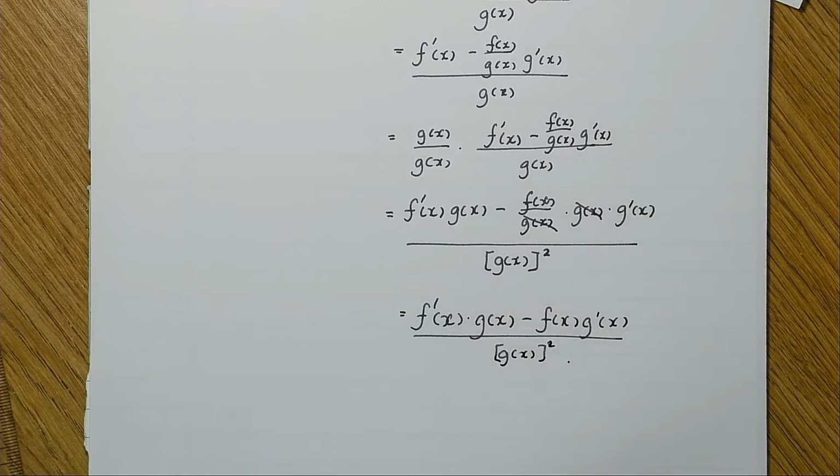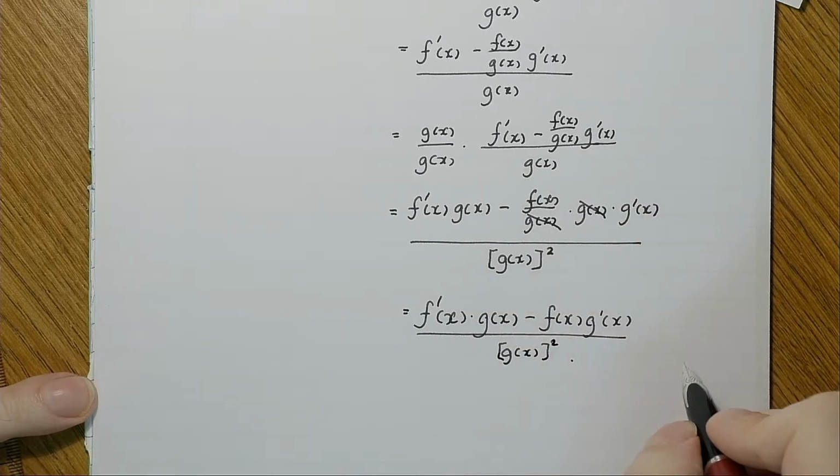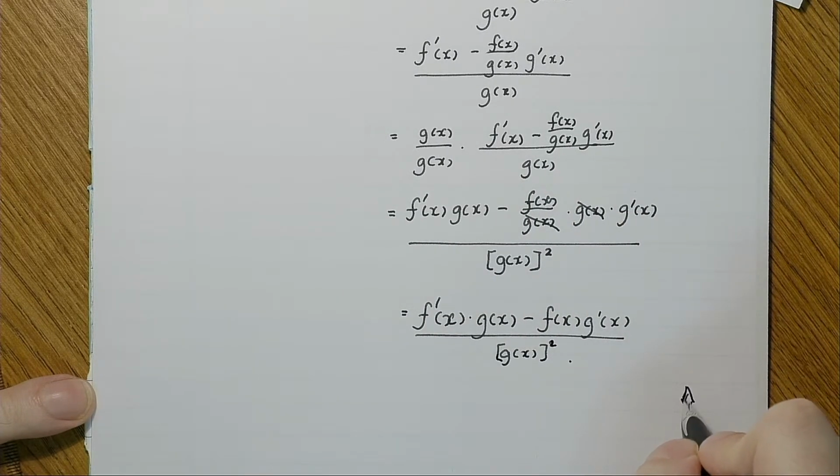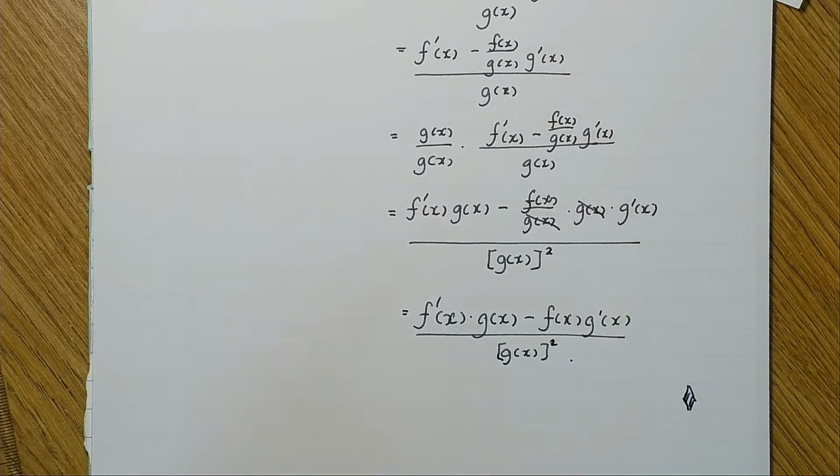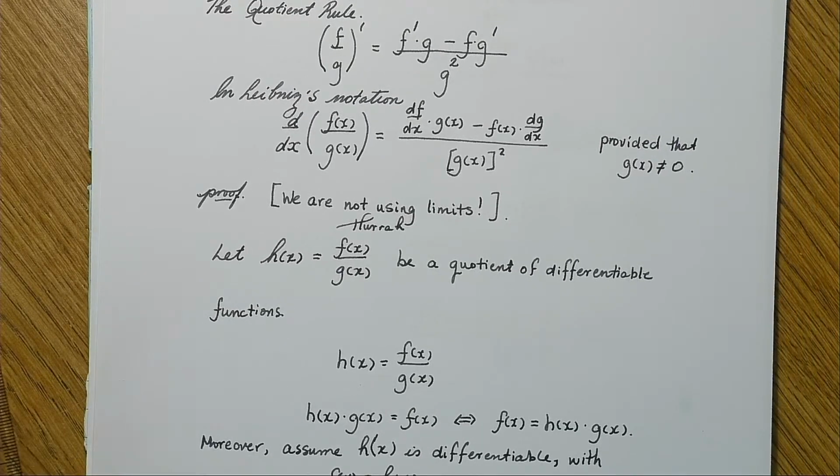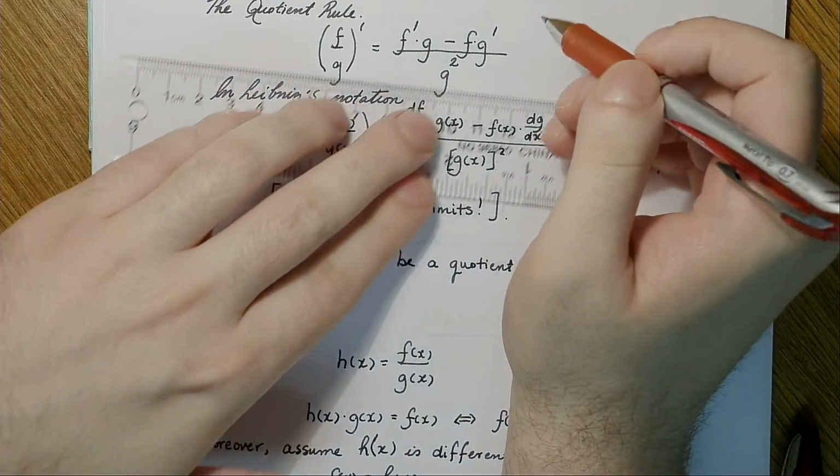And done. I made it within the minute. So that is the quotient rule proof. In this case, I didn't need to rely on using the definition of the derivative.